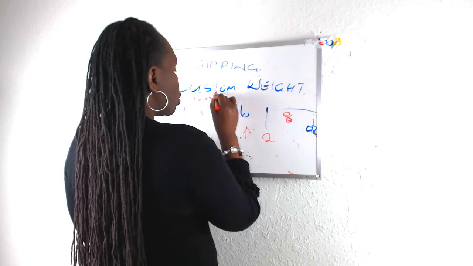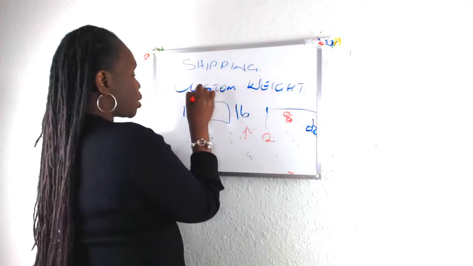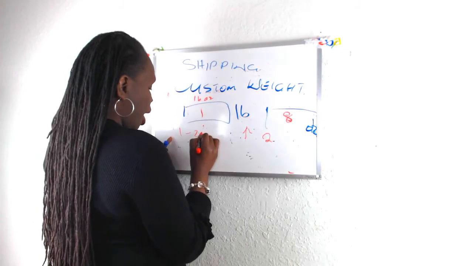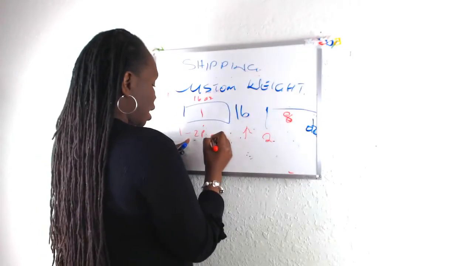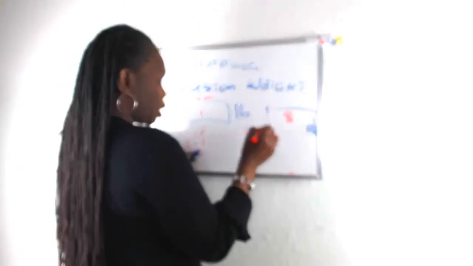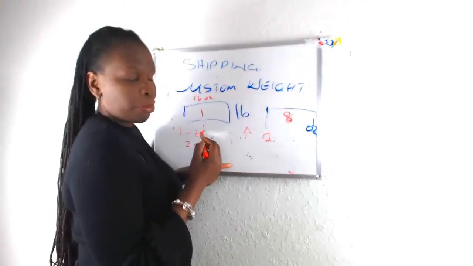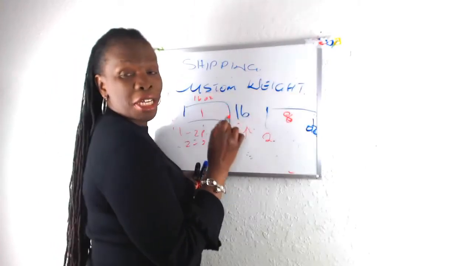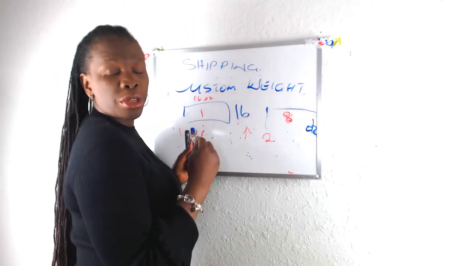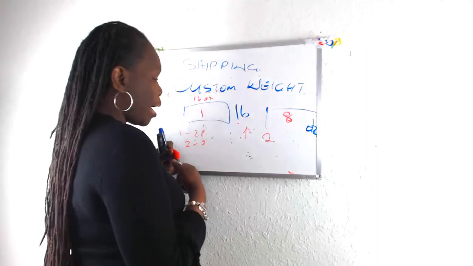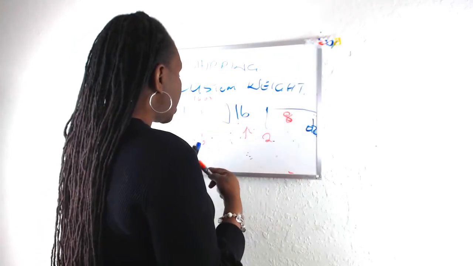If you don't do custom weight, you can click on it and there'll be a drop menu where it says 1 to 2 pounds, which is what I'll select for this particular item, 2 to 3, whatever is applicable for you. These weights are super important because that is exactly what eBay is going to use to calculate the shipping cost.